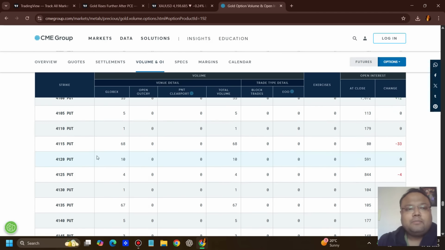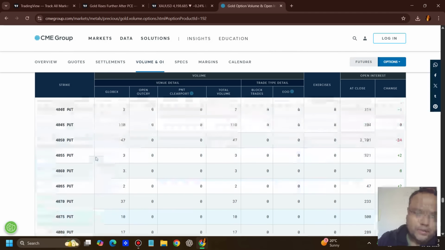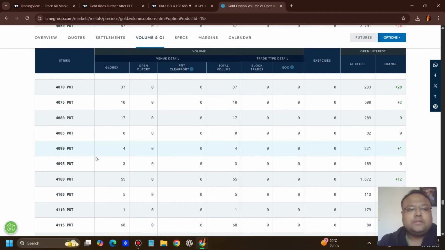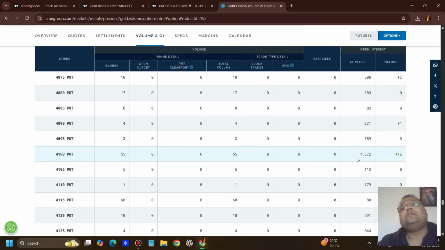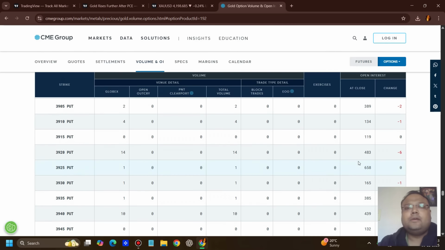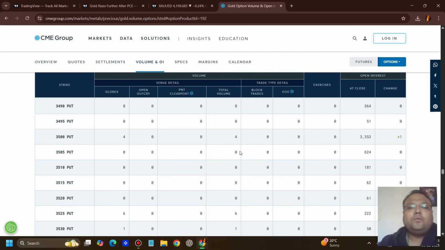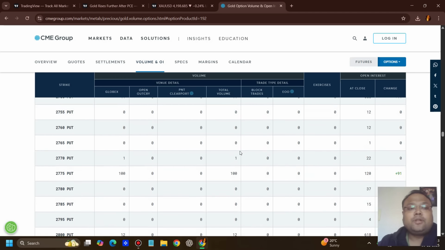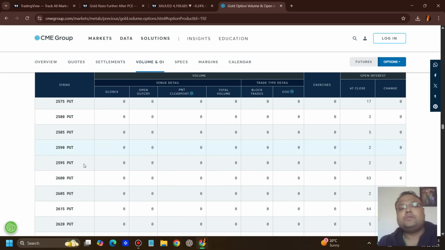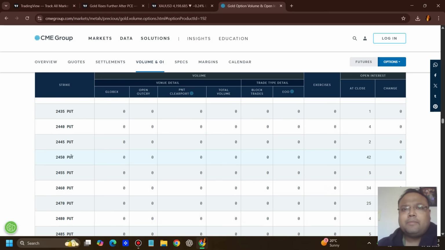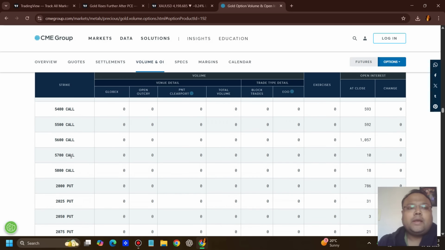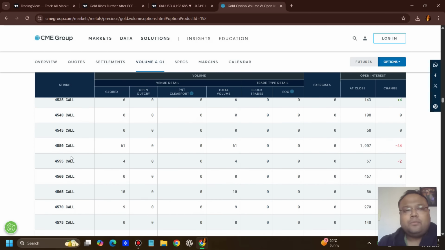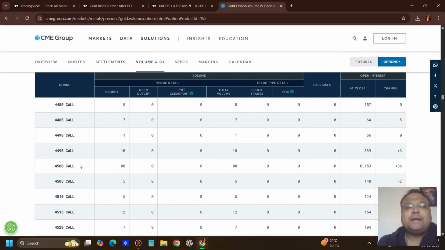If you look at the lower number, 4100, we have 1600 contracts. So if the market starts falling, we have 1100 and 1600 contracts lying around 4200 and 4100. Keep in mind that we trade in the spot market and this is data from the futures market, but still, they run parallel. We have seen earlier also, it works like magic.